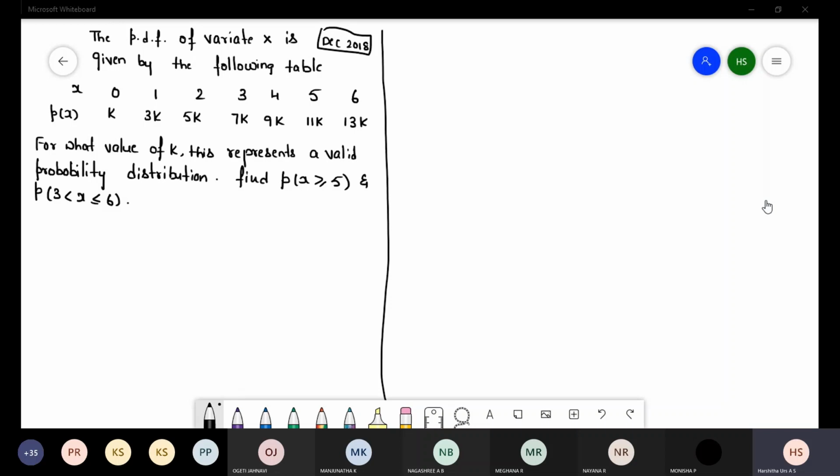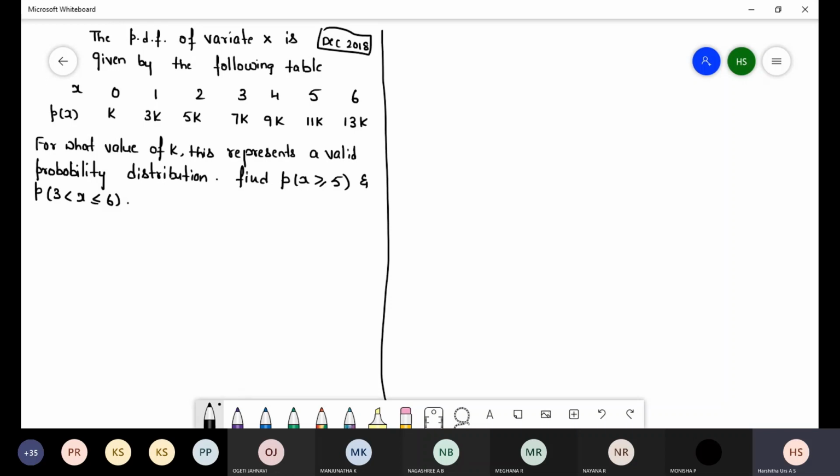Now here they have not asked us to find the mean or the variance. So first, when you are starting this problem, we have to write the common condition. This condition carries 1 mark.